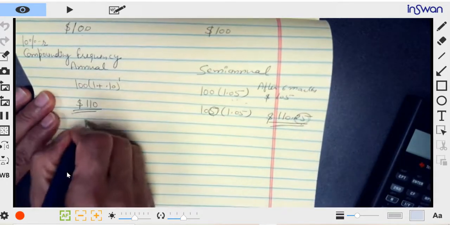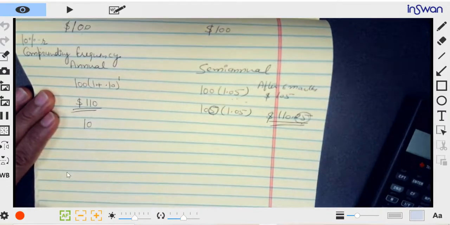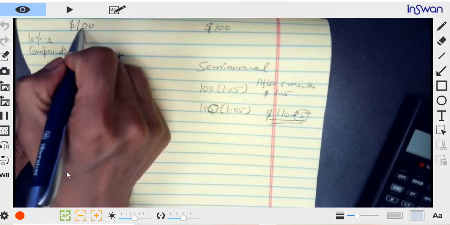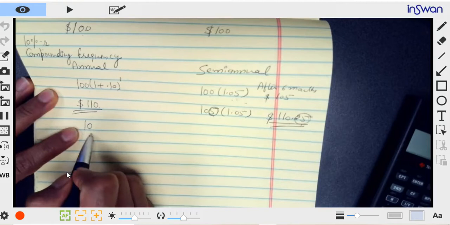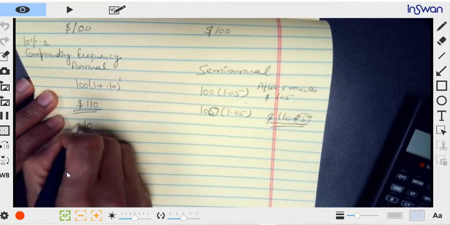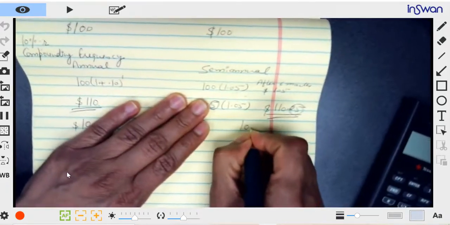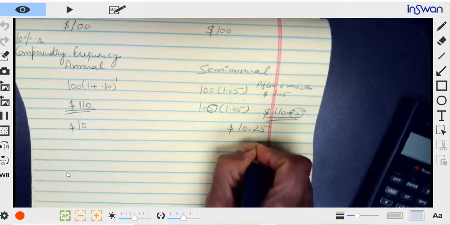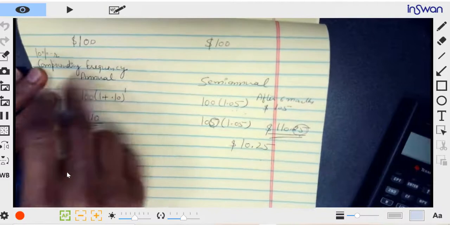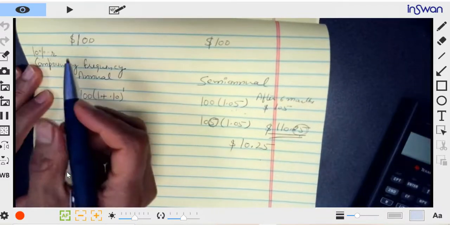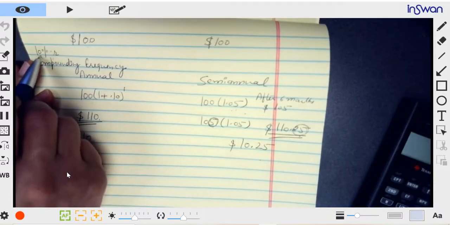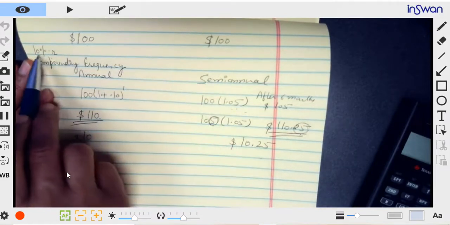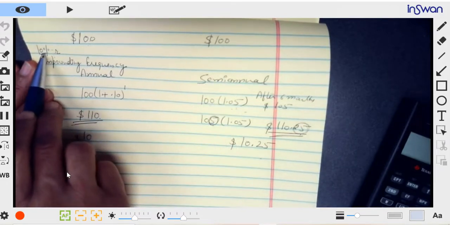So basically your interest amount here is $10, total amount minus the principal that you invested. So your earning, or your interest, is $10 in this situation, whereas it is $10.25 in this situation. The nominal rate, the rate which was on the contract, is exactly the same on both of them. So this is called the nominal rate.